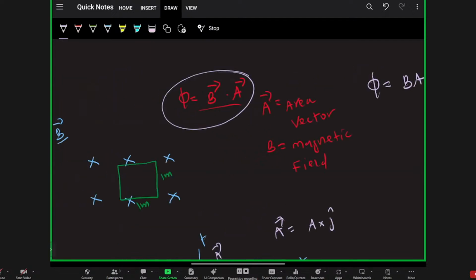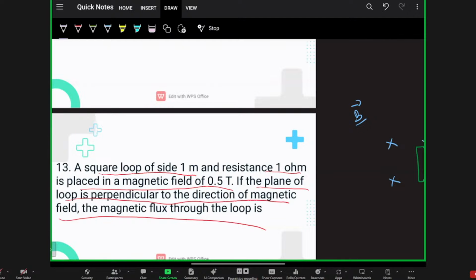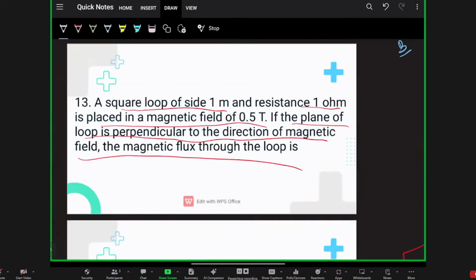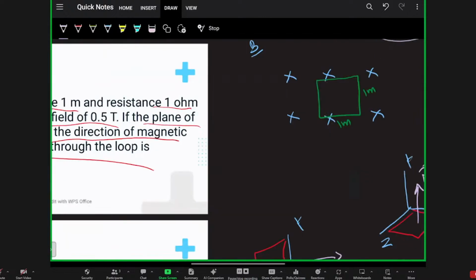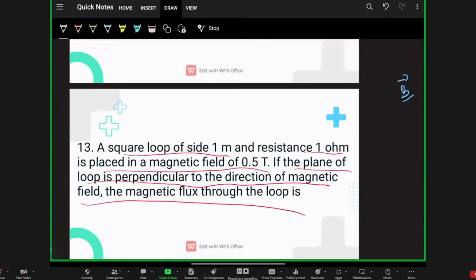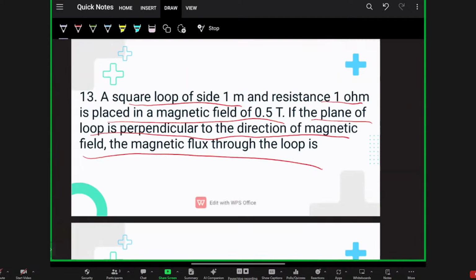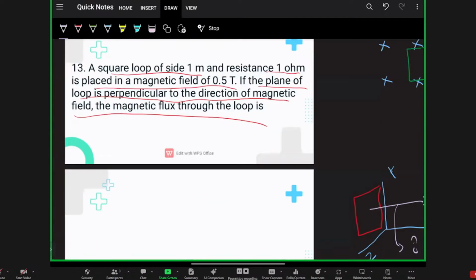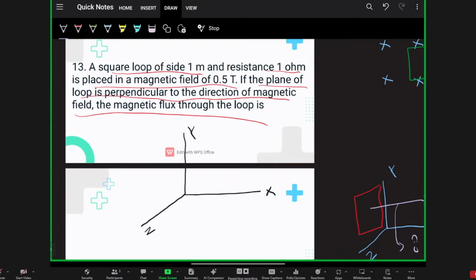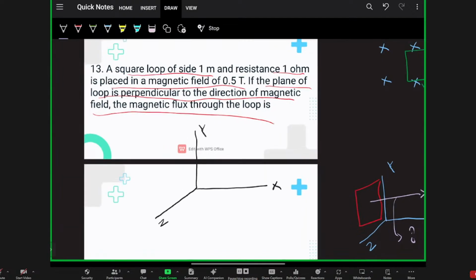Okay, area vector. And here it is saying the plane of the loop is perpendicular to the direction of the magnetic field. In the question, the plane of the loop is perpendicular to the direction of the magnetic field. So here also let me take the XYZ axis. This is X, this is Y, this is Z. The plane of the loop is perpendicular to the direction of the magnetic field.